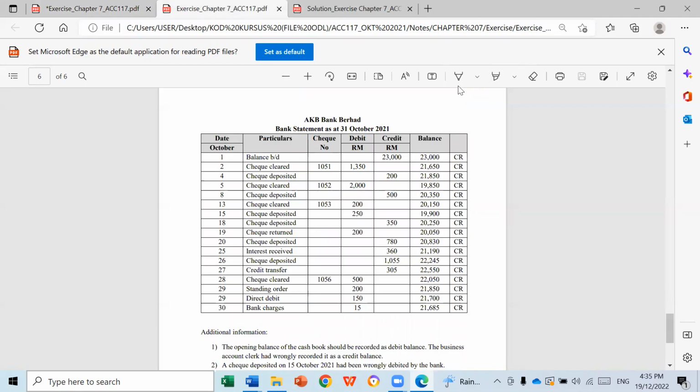As usual, we have a debit column, which shows the outflow of cash, and we have a credit column, which shows the inflow of cash. It says that the closing balance is not the same as recorded in the cash book.